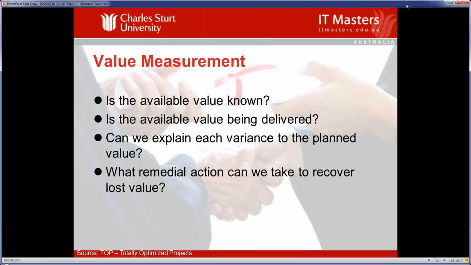And most importantly, when we're thinking through this, if there are some changes, what remedial action can we take to recover lost value? And I always like to put on the end of that, what remedial action can we take right now to recover lost value? It's got to be fast. You've got to do something, and then that may spawn other projects or programs.